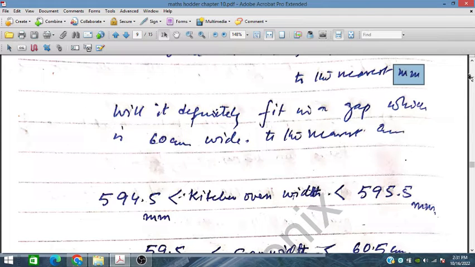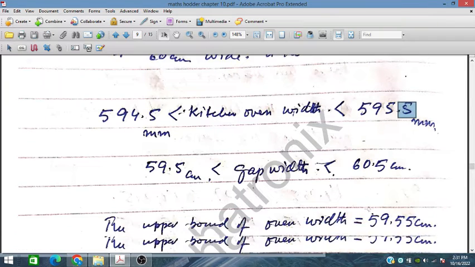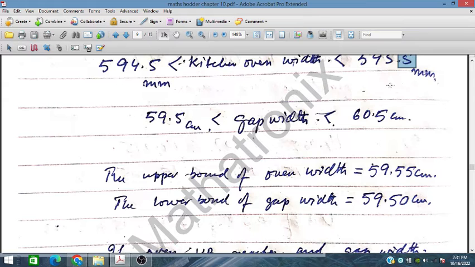So if the gap is within the bound of 59.5 to 60.5, then this is the lower bound, upper bound of the kitchen oven width, and this is the bound of the gap. So the size of this kitchen oven width could be greater than the gap available to place it. So this is 595 and this is 0.5 mm greater. So in that case, there is a chance that this oven may not be placed in that gap.